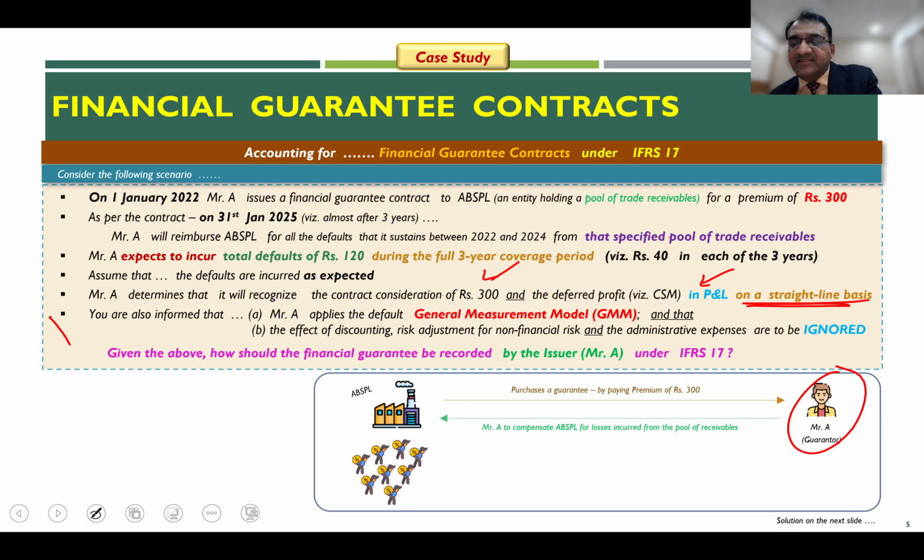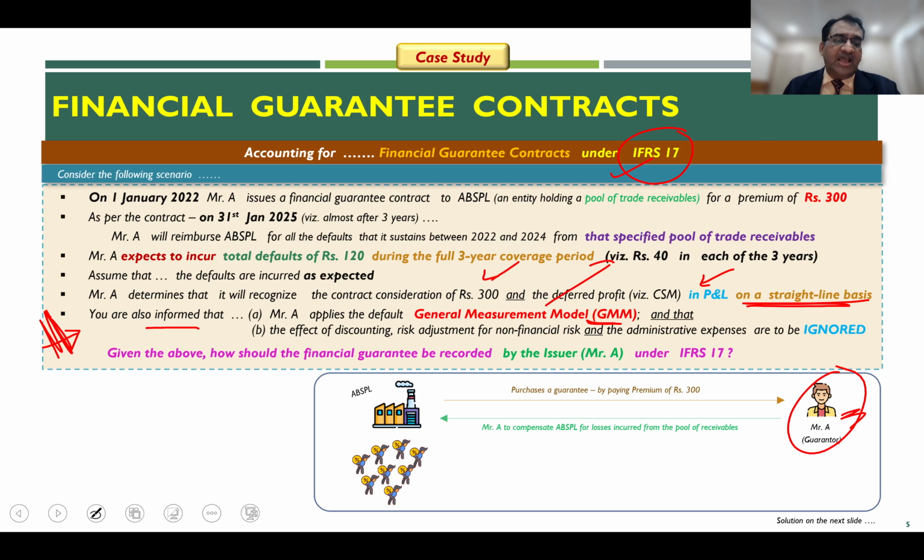Now, this is the difference from the previous case study in my earlier video, because we are now dealing with Ind AS 117 or IFRS 17. This is additional information given in this case study, wherein the facts tell you that the guarantor, Mr. A, applies what is called the GMM model, which is the default model under IFRS 17 or Ind AS 117.